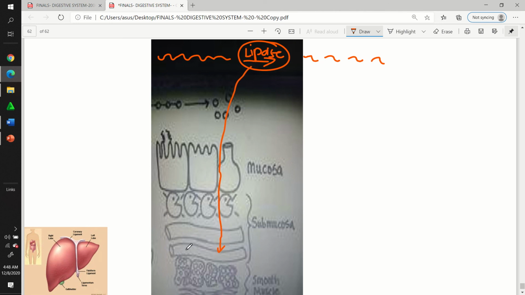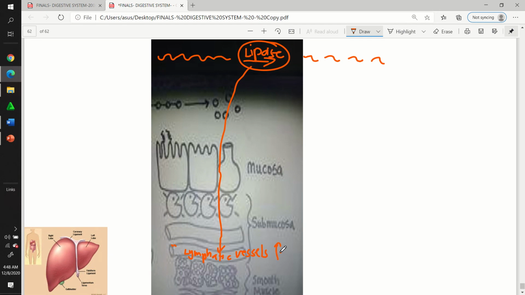Can you still remember this one, class? This is a lymphatic vessel. Ganyan sila kung mag-absorb ng nutrients. They can go directly into the lymphatic system and carried as chylomicrons. So, fats can go straight directly to the lymphatic system.